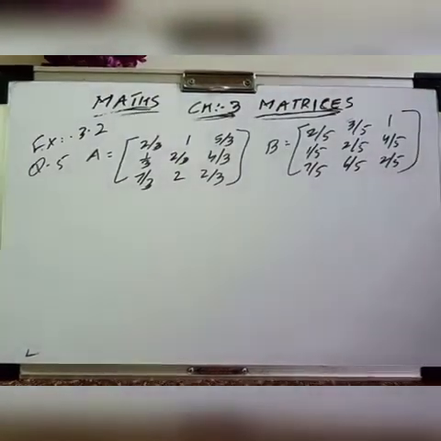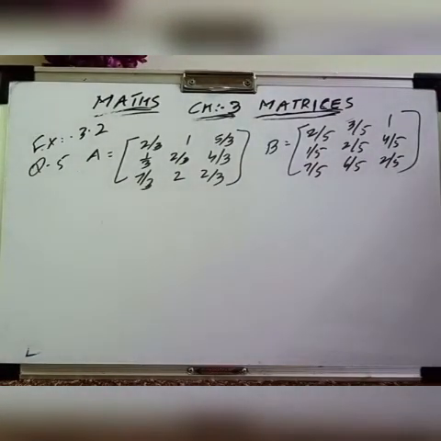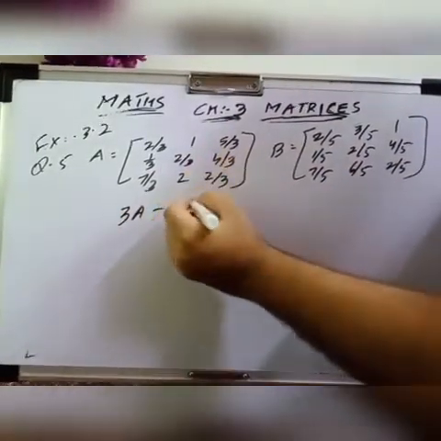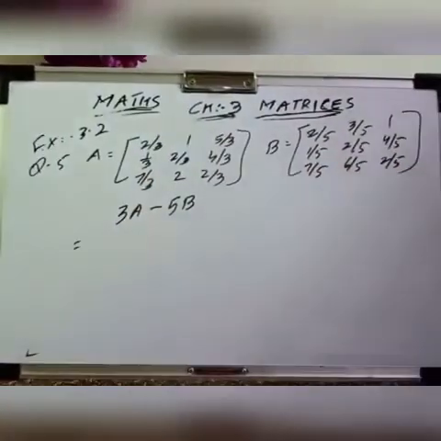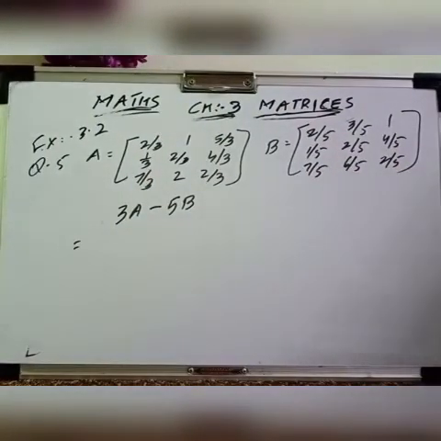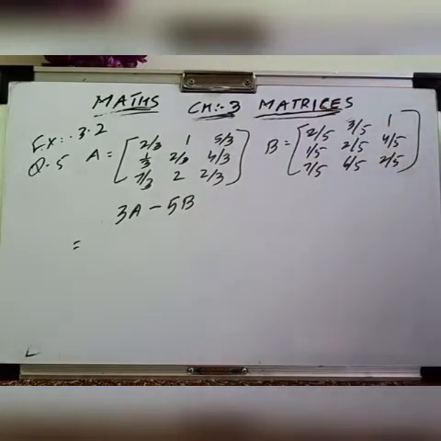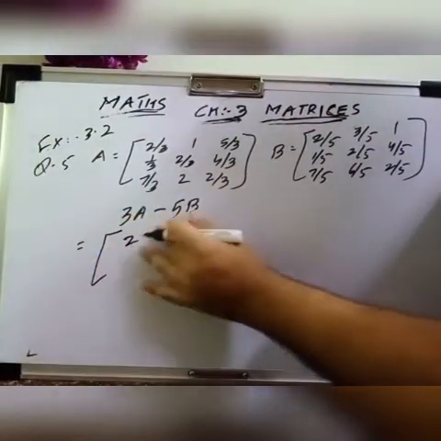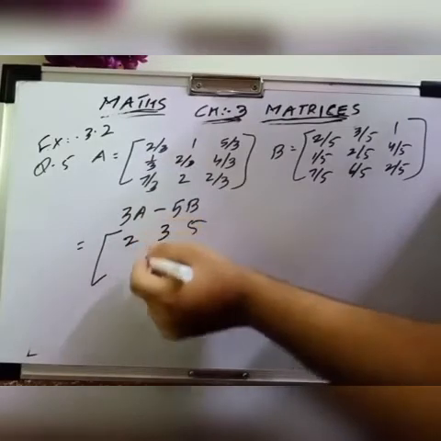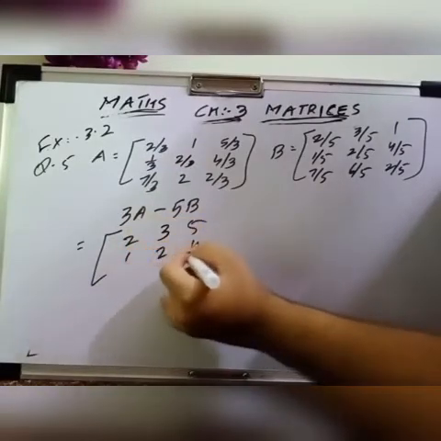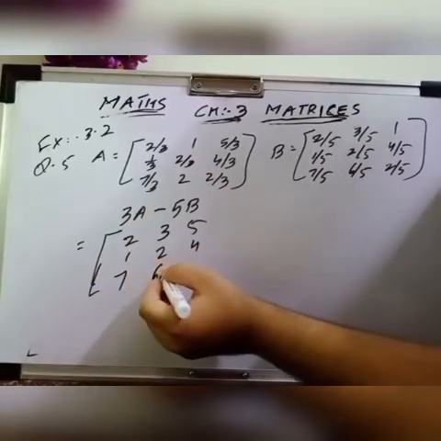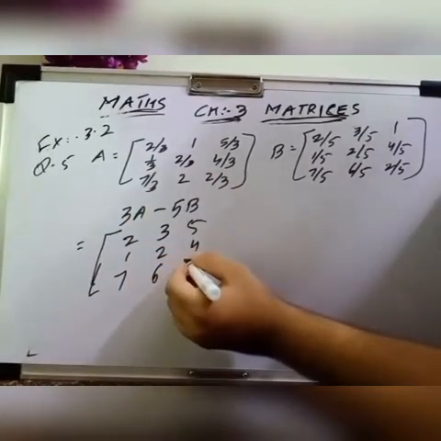Let's understand the fifth question where a matrix and b matrix is given and we are asked to find 3a minus 5b. I have to multiply 3 with each and every element of a. You can see that the denominator of most of the elements is 3, so it will get cancelled. So I will have 2 1 5, not 1 here, 3 ones are 3, 1 2 4 and 7, 3 2s are 6 and 2.